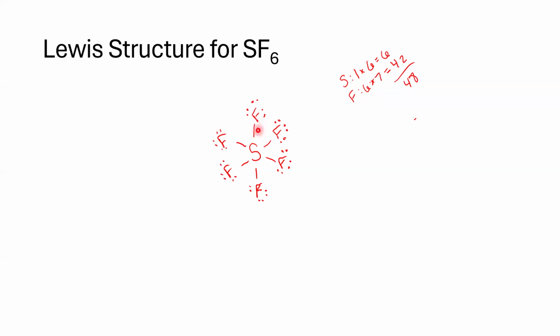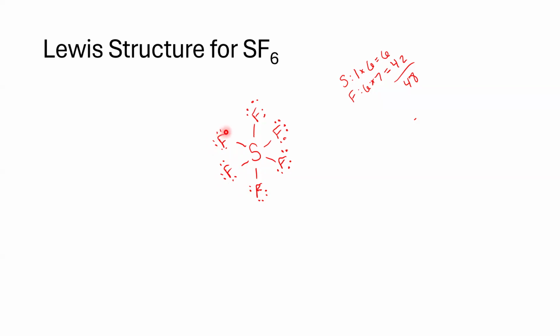Let's count these guys. I'm going to start at the top. 2, 4, 6, 8, 10, 12, 14, 16, 18, 20, 22, 24, 26, 28, 30, 32, 34, 36, 38, 40, 42, 46, 48, 50.